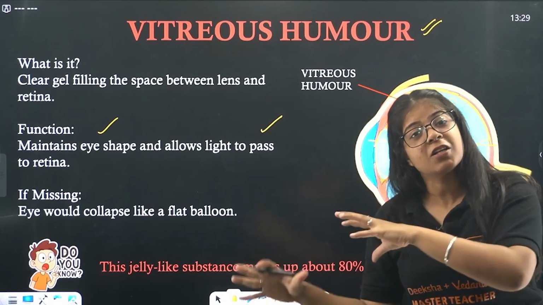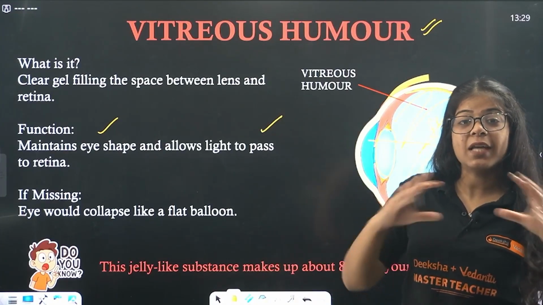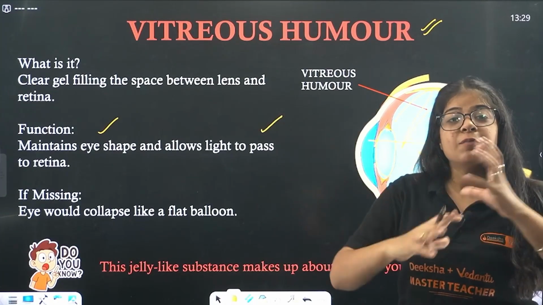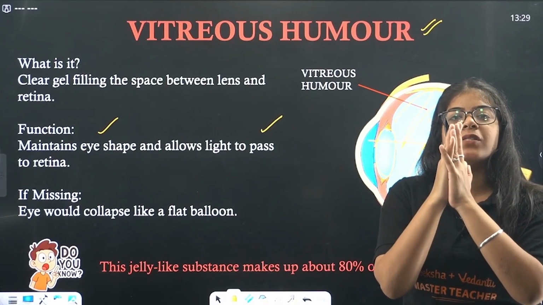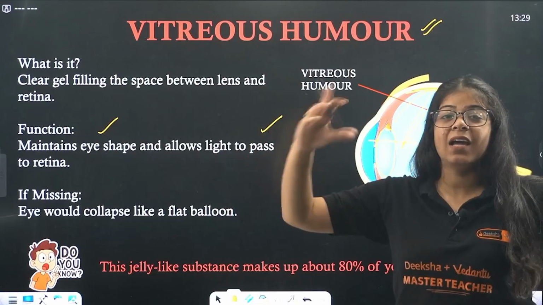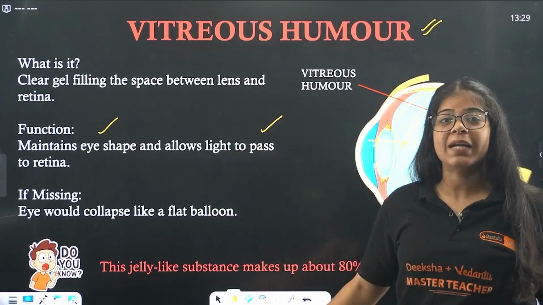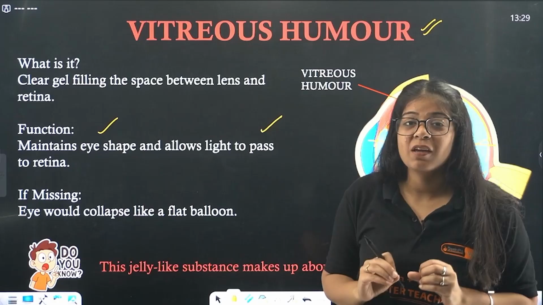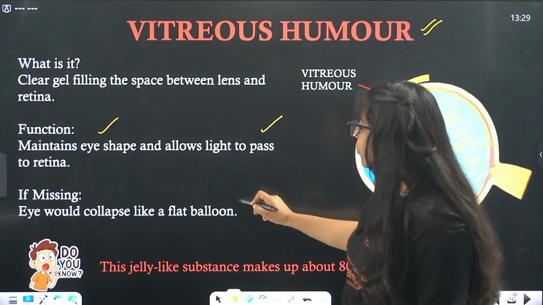So as long as vitreous humor is there, our eye can't collapse. But if vitreous humor is not there, if it's empty space, that means gases like oxygen and nitrogen are there, so it can compress. Right? So that's why there is a liquid filled between the lens and retina. Whoever made our human body is very, very intelligent. Then beta, if it is missing, the eye would collapse.